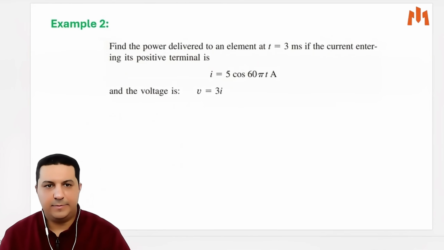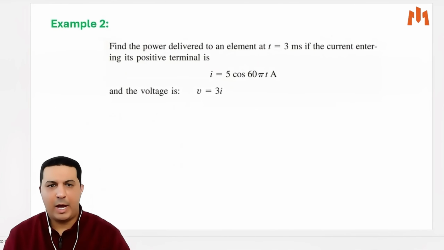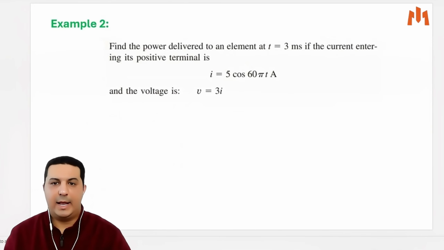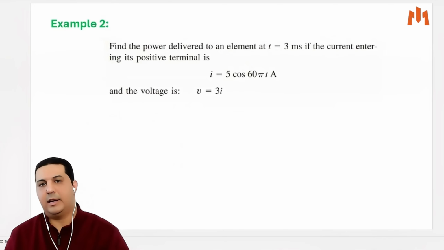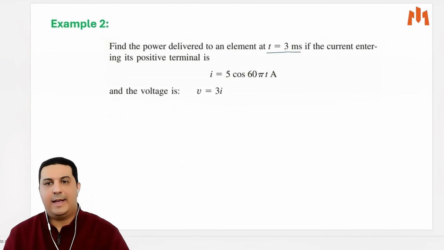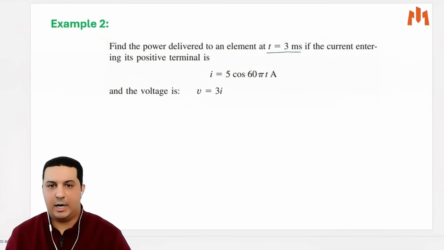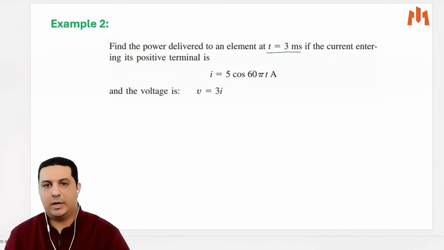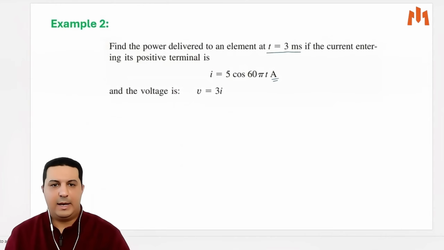Right now let's go to the next part: find the power delivered to an element at t equals 3 milliseconds, if the current entering its positive terminal is i equals 5 cosine 60 pi t amperes, and the voltage is 3i.